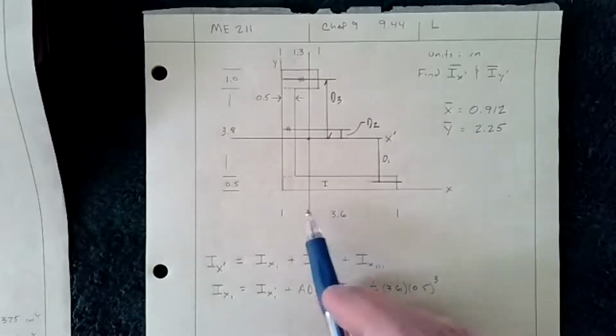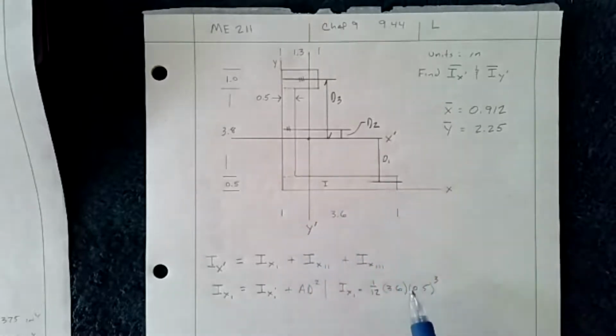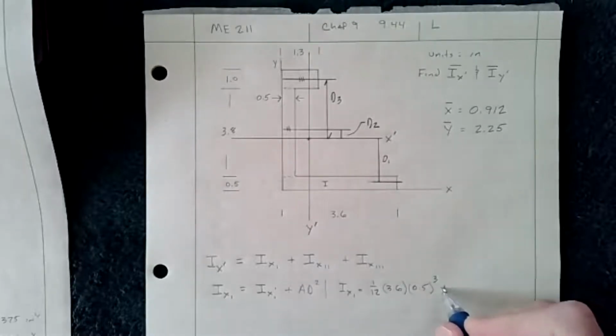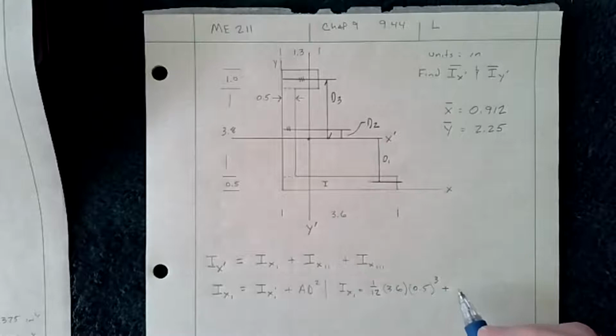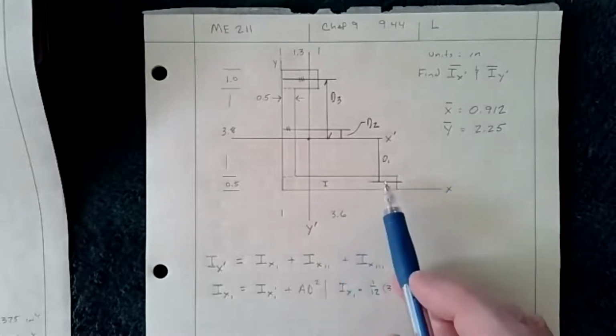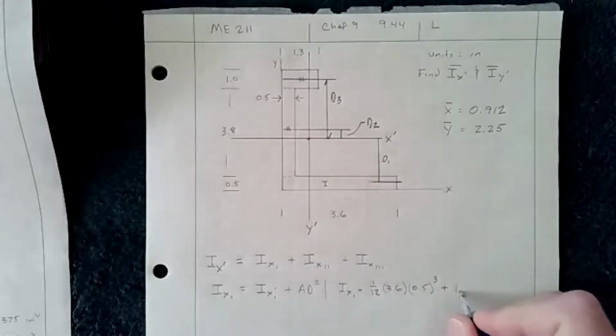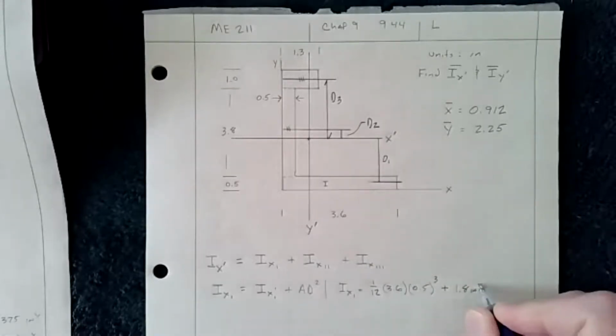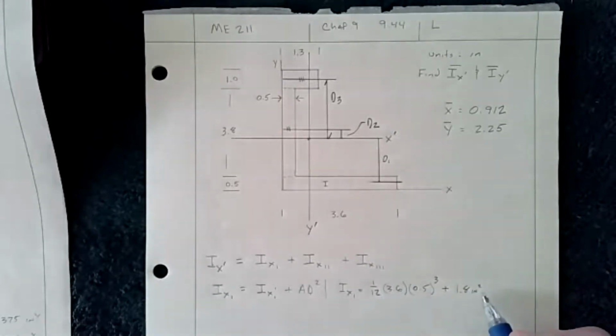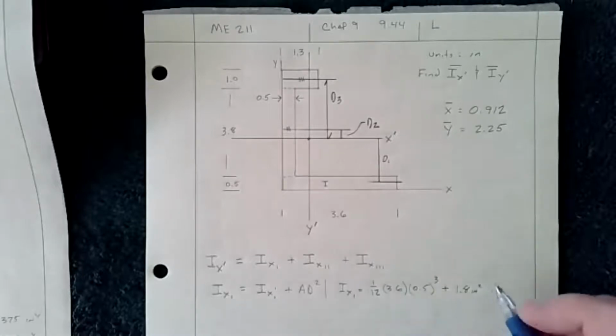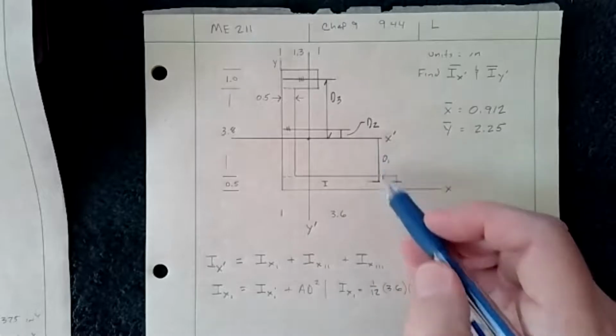So 3.6 is the base, 0.5 cubed, so we get that, and then plus the area. The area, 3.6 times 0.5, that means it's half, so it's 1.8. I can put inches squared just for clarity. And then again, all this is inches. So that's my A, and then my d squared is just this distance here.